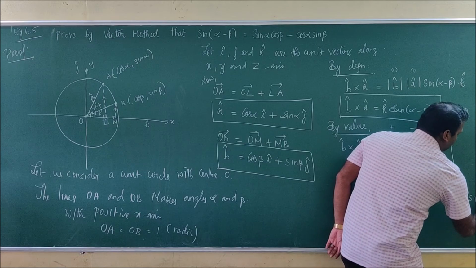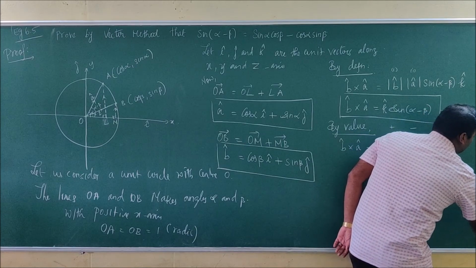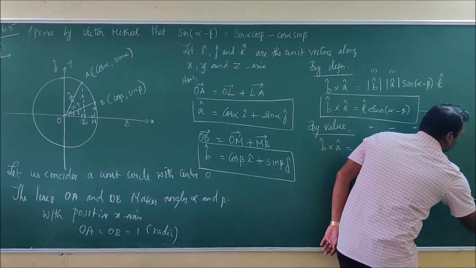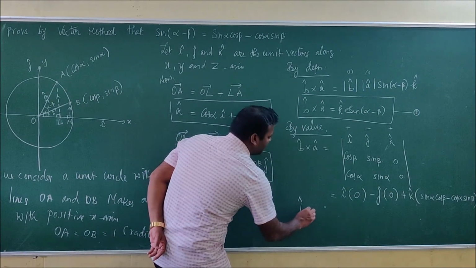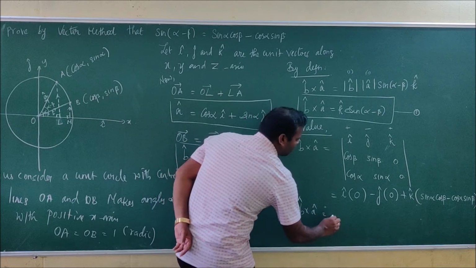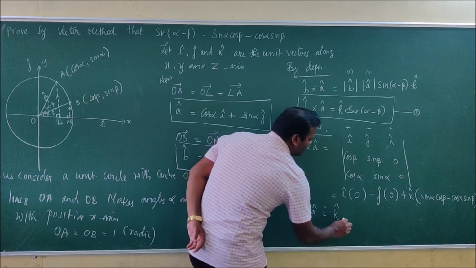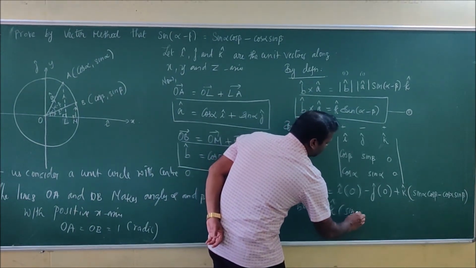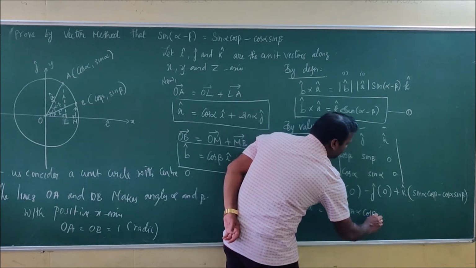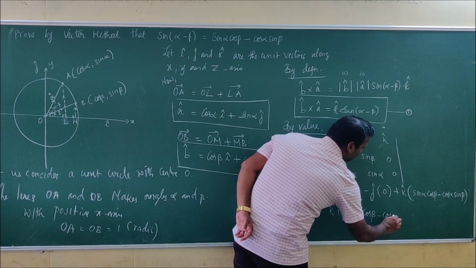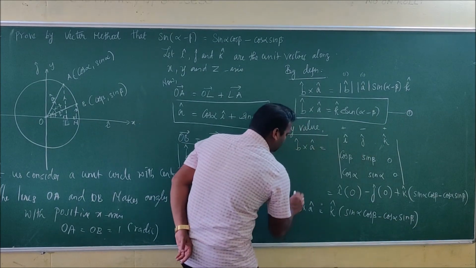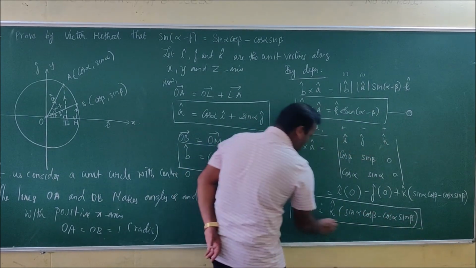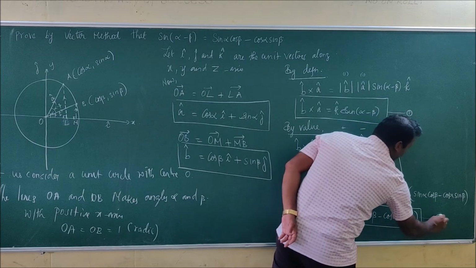So when simplifying, B cap cross A cap is equal to k cap into sin alpha cos beta minus cos alpha sin beta. Take this as equation number 2.